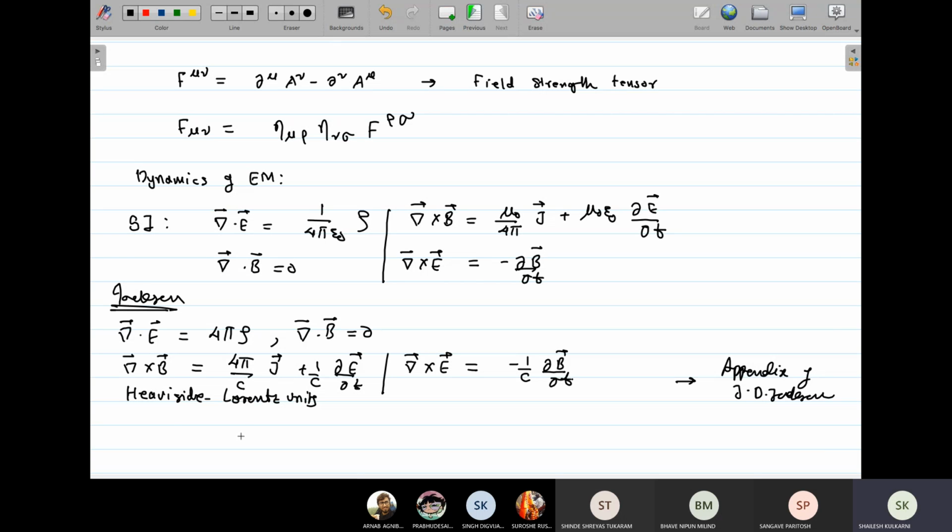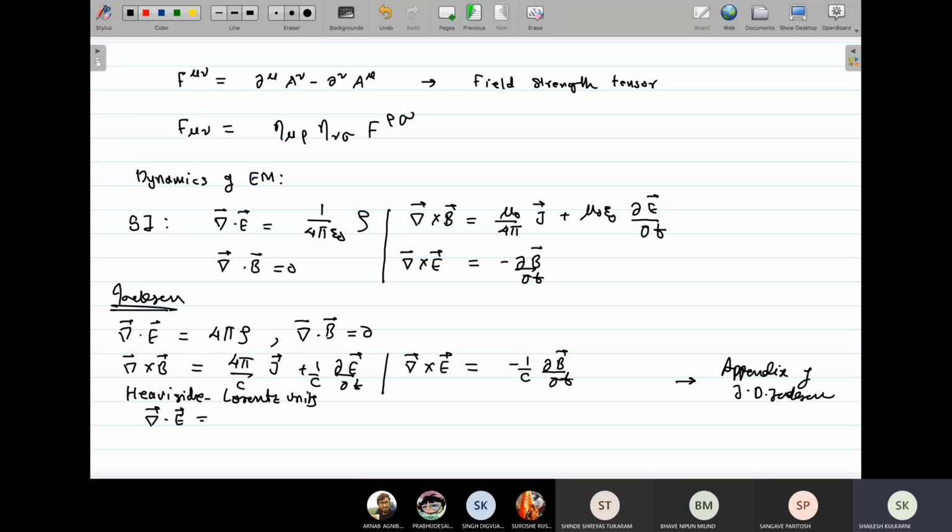These are rationalized units in the sense that the units are arranged in such a way that these 4 pi factors won't come.